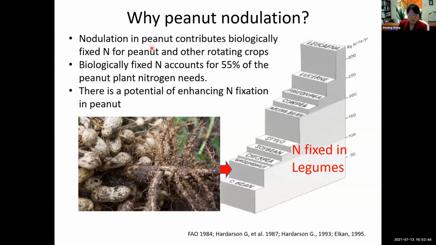Biologically fixed nitrogen in peanut accounts for about 55% of the peanut nitrogen needs, and compared with many other legume crops, the level is relatively low. So it leaves a huge potential for us to increase nitrogen fixation in peanut.